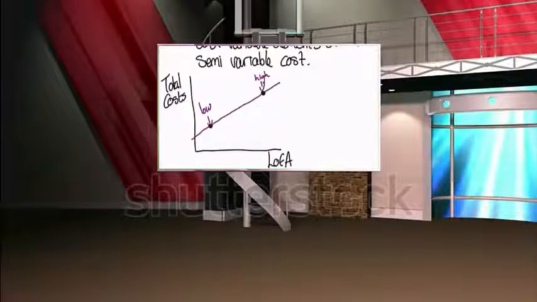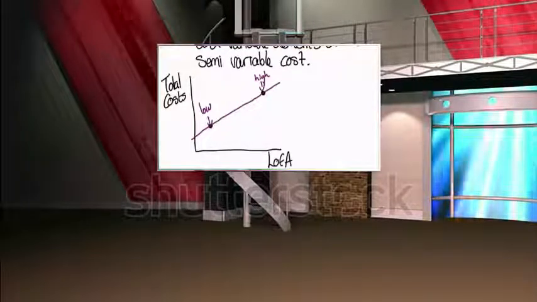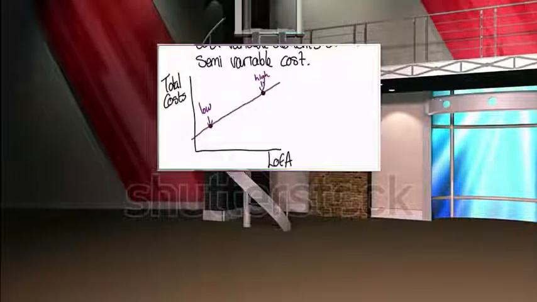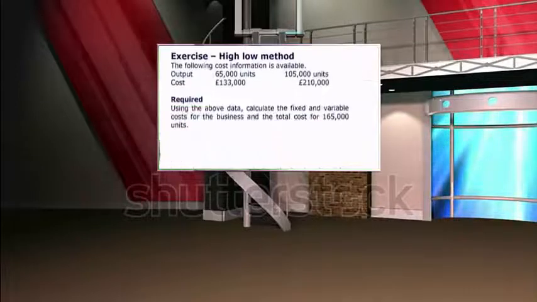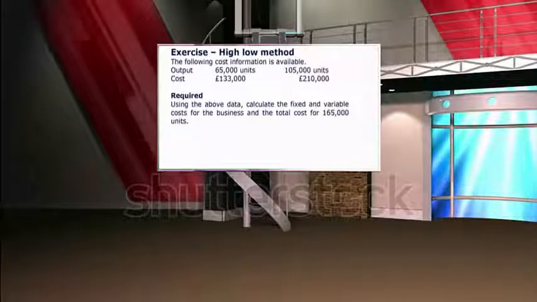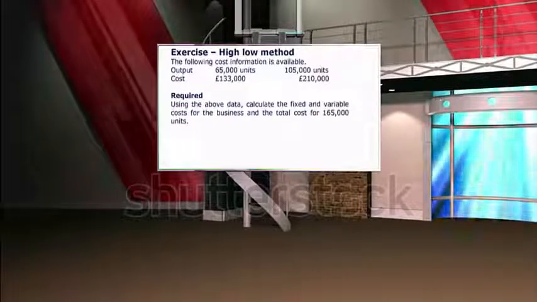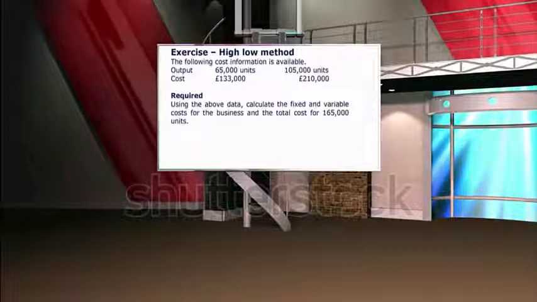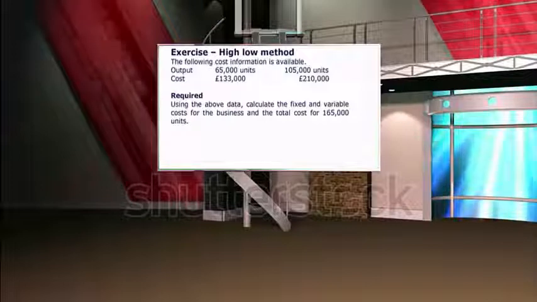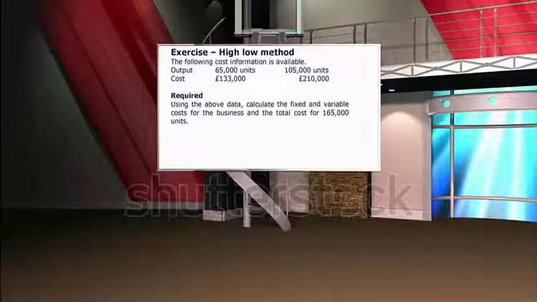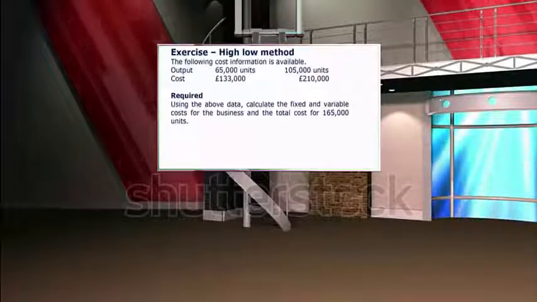To illustrate how the high-low method can be used, we're going to look at an exercise. So we're given the following cost information. We have 2 different levels of activity, and we are told what total cost would be at each of those 2 levels of activity.